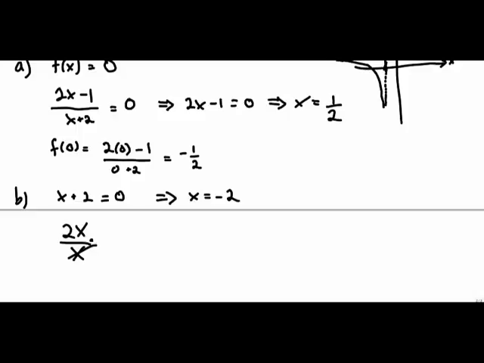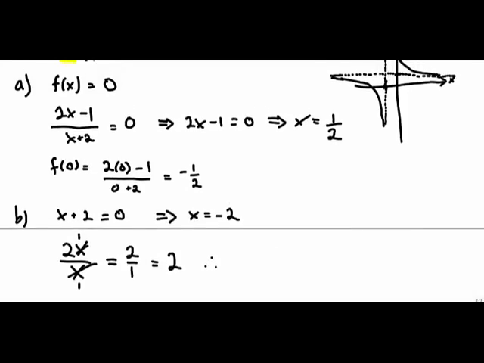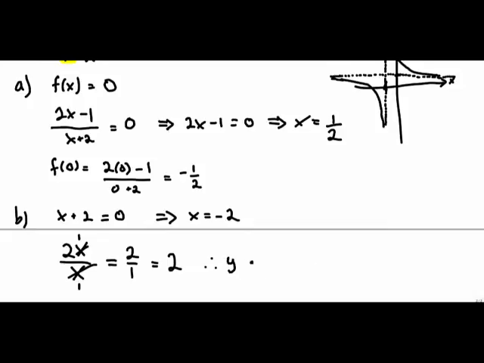You can just cross out the x's, so we're left with 2 over 1. We just look at the coefficients in front of the x term. So 2 times x here, and x actually says 1 times x, but it's not written out. So 2 divided by 1, which is equal to 2. So this means, therefore, the y asymptote is y is equal to 2.